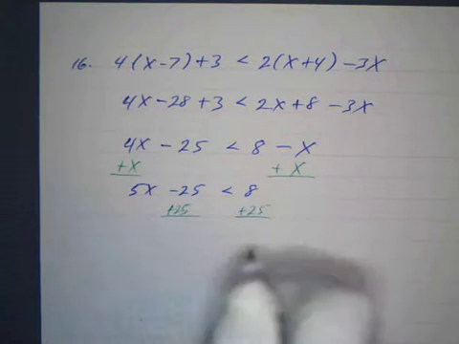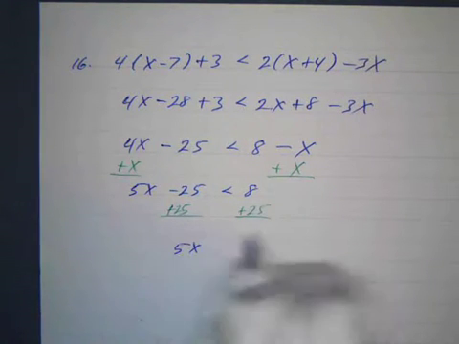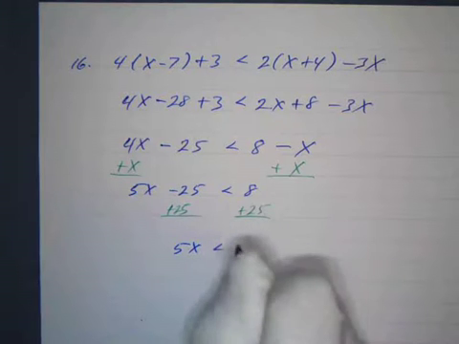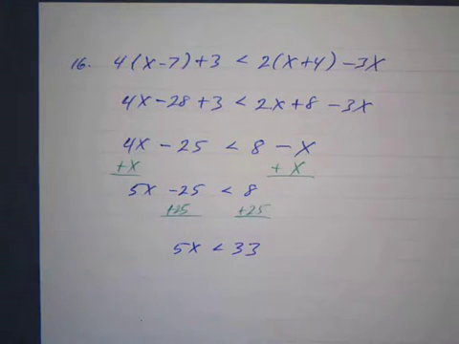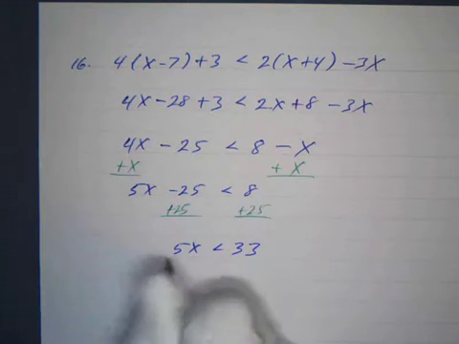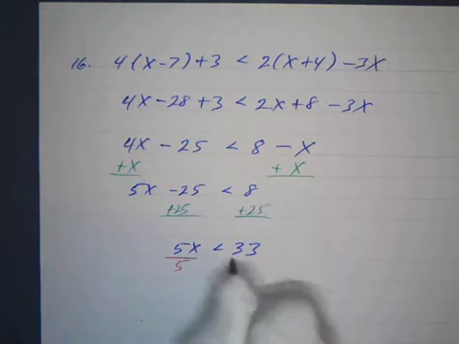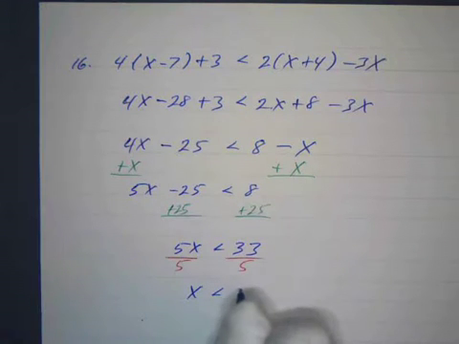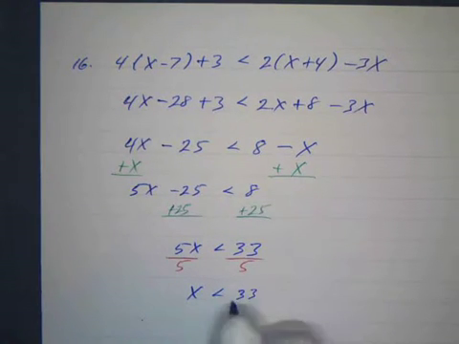And I have 5x on the left is less than 33. I'll divide both sides by 5. And it's a positive 5, so I don't have to change the direction of the inequality. And I have x on the left, and that's less than 33 over 5.